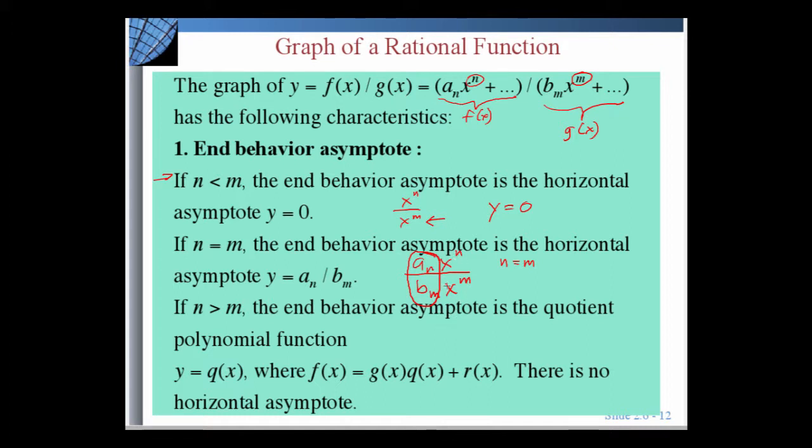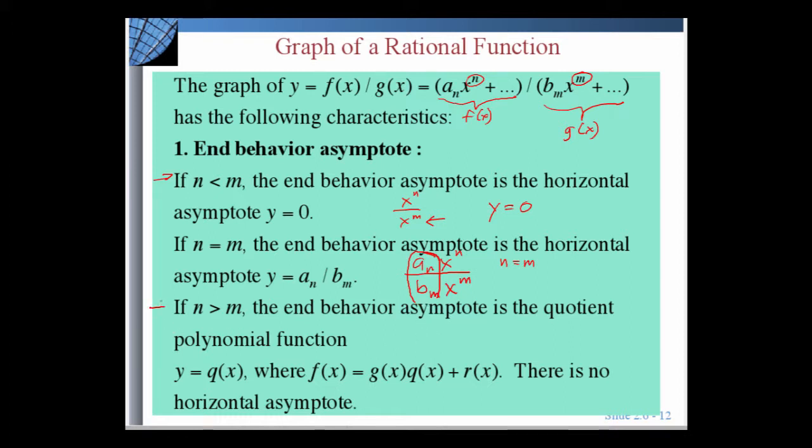These two values here are essentially the same. So what's left is a sub n over b sub m. So the leading coefficient of the numerator over the denominator's leading coefficient is going to be the value of that horizontal asymptote if the power of the numerator is the same as the power of the denominator.